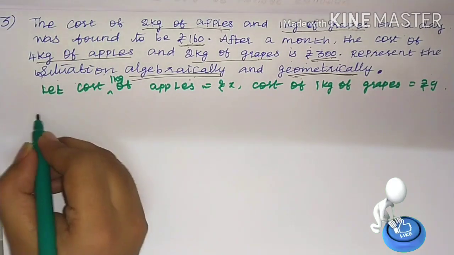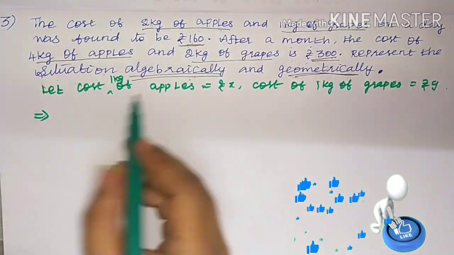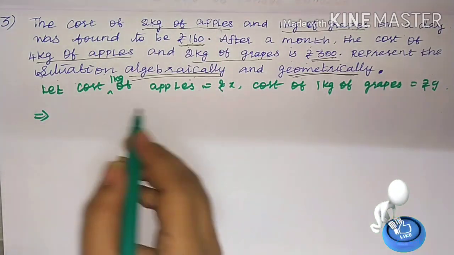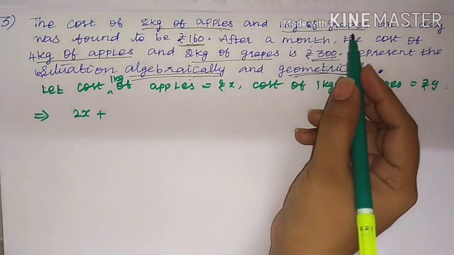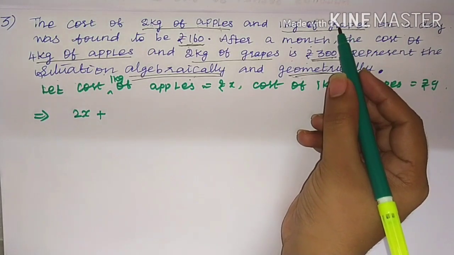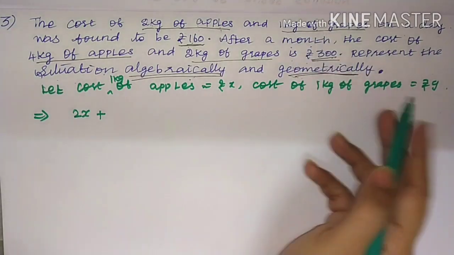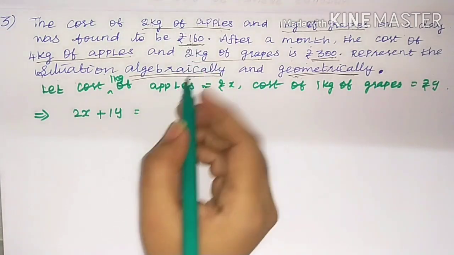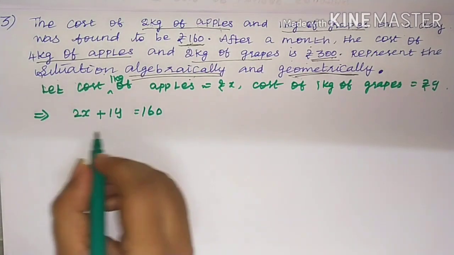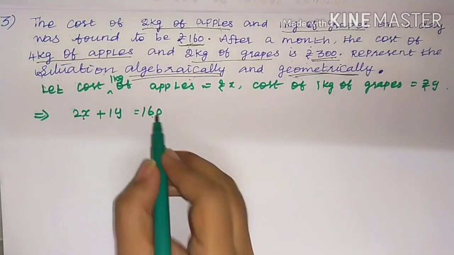So the first equation, listen carefully: 2 kg of apple means 2x, plus 1 kg of grapes. The cost of grapes we consider rupees y, so 1 kg of grapes is 1y. Together the cost is rupees 160. Apple cost and grapes cost together is 160.